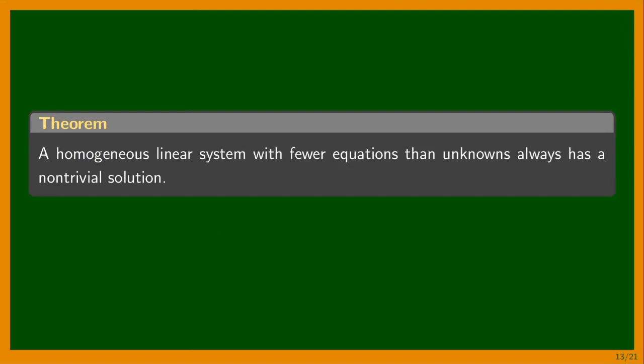In fact, when you have a homogeneous linear system with fewer equations than unknowns, for example 3 by 4, 2 by 29, 5 by 74, these are homogeneous linear systems which have fewer equations than unknowns.